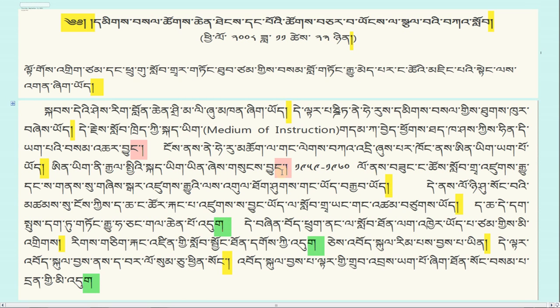However, if the sentence ends with the fourth letter nga, then it has both the tsek and the shi. So as you can see here, I have highlighted, it has the dot and the stroke. If the sentence ends with the third letter, it doesn't get anything.